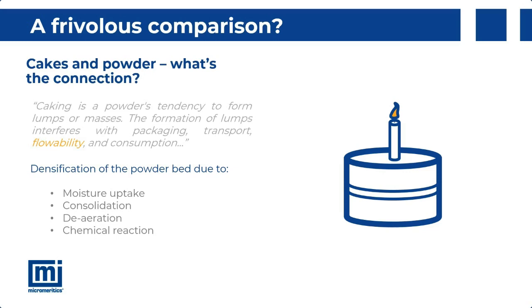In general, though, caking can be defined as a powder's propensity to form dense lumps or masses which can interfere with the processability of that powder. This densification of the material can be due to the uptake of moisture from the atmosphere, consolidation of the powder through deaeration, or chemical reactions operating between particles.